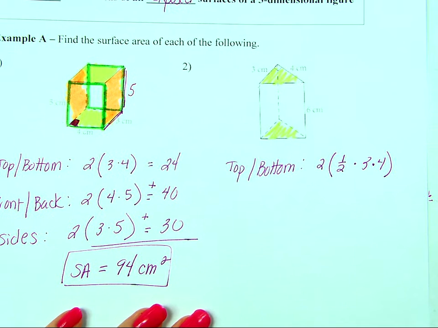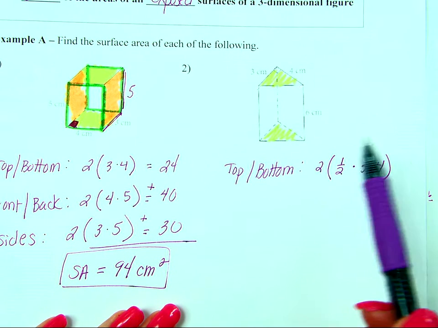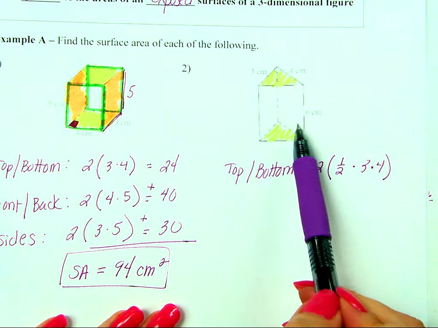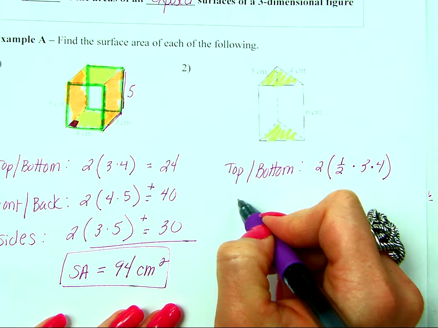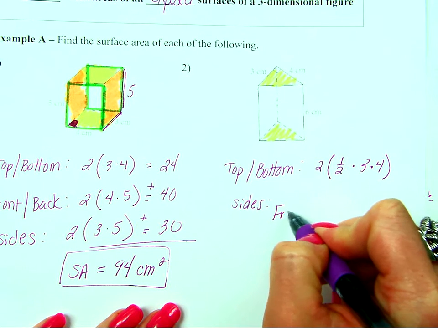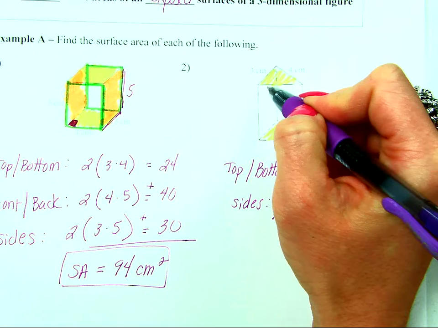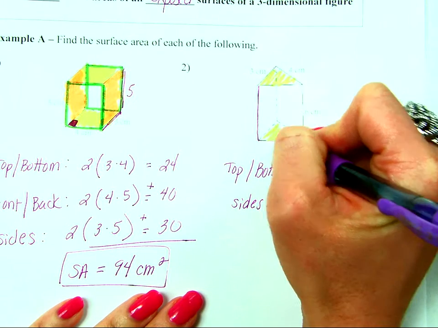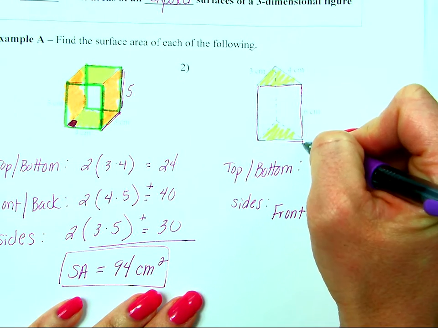Now, in my triangular prism, I actually have 3 faces, or 3 sides that go around. And if you look at those sides, all of them are going to have a height of 6.